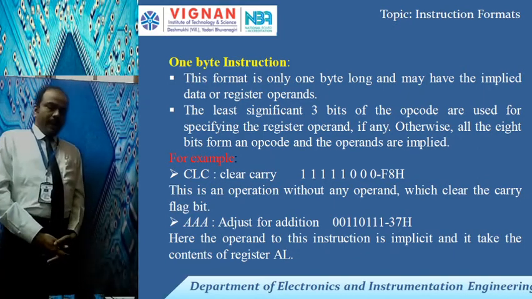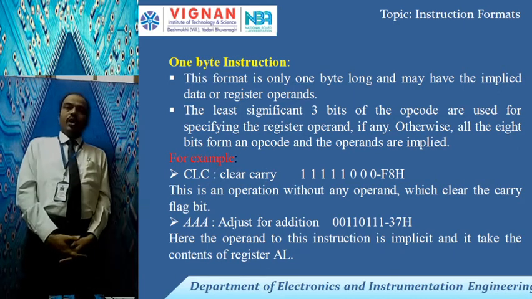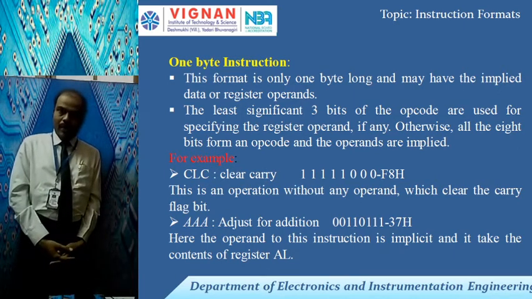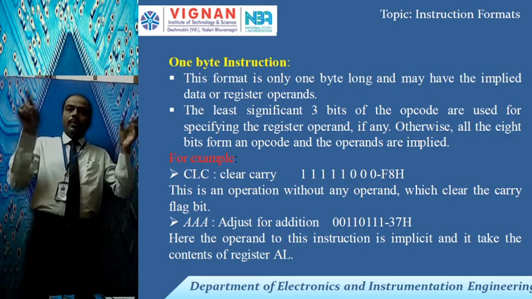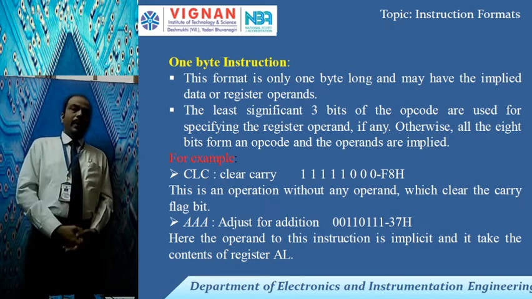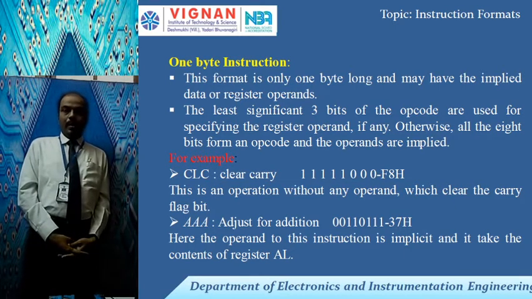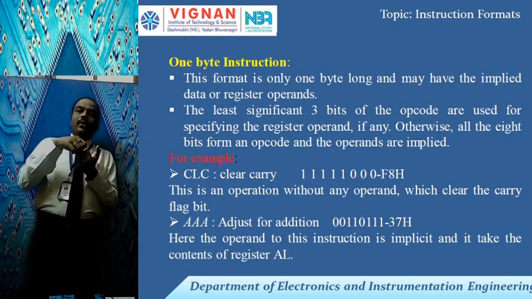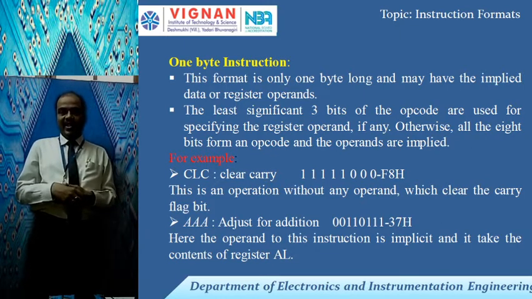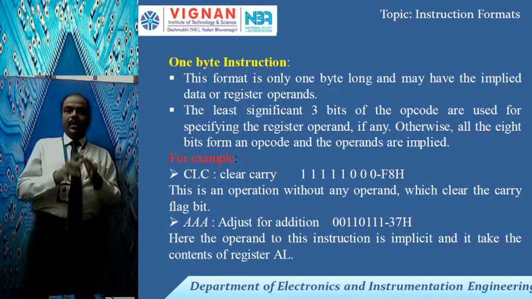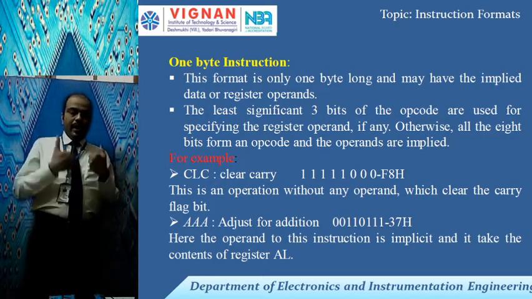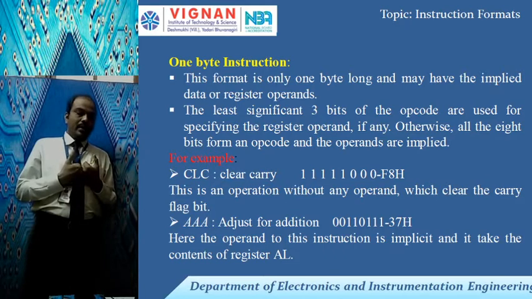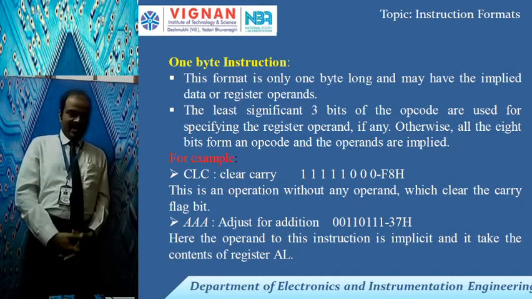Okay, so 1 byte instruction. This format is only 1 byte long. That means the instruction has only 1 byte length and may have implied data or register operands. The same instruction contains in itself the data as well as the opcode. A single byte instruction may hold the data as well as some register operands.